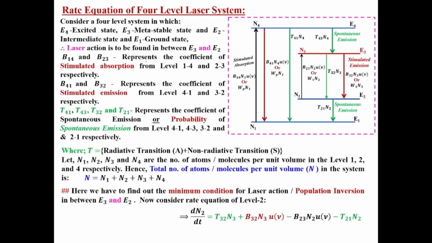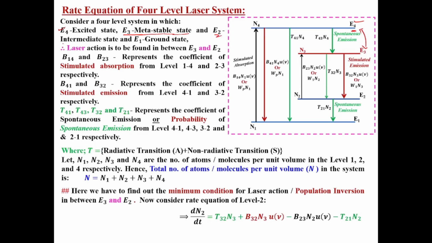In this topic, we are going to discuss the condition for laser action in the case of a four-level laser system. For that, we consider a four-level system. This is level 1, the ground state, then energy level 2, energy level 3 and energy level 4. E4 is the excited state. E3 is the metastable state, which is closer to E4.